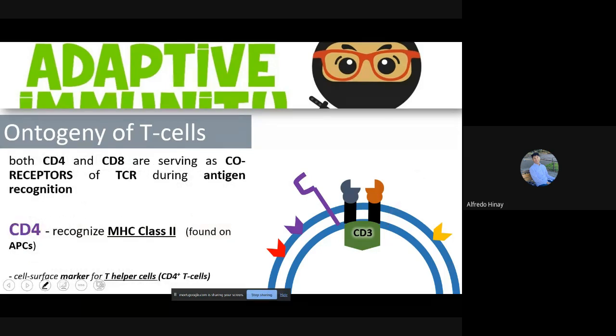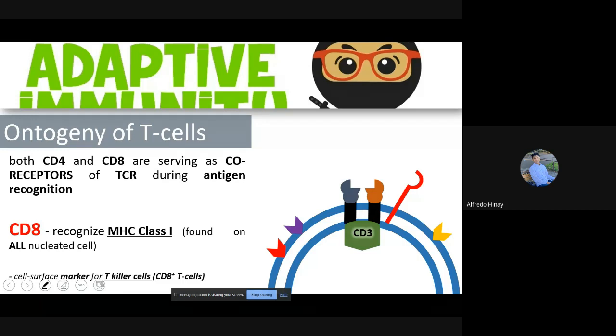Okay? So both your CD4 and CD8 are serving as your co-receptors of your TCR during antigen recognition. So although we did not cover yet your major histocompatibility complex 1 and 2, but for now, at least you know that the partner of CD4 is class 2. The partner of your CD8 is class 1. Okay?